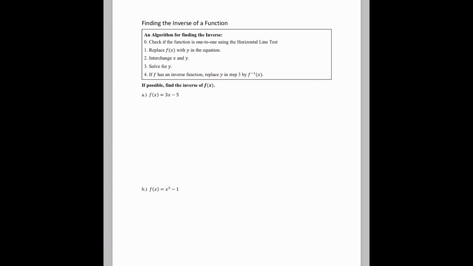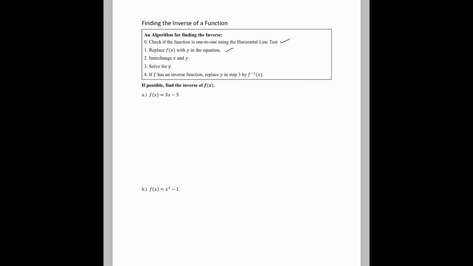Okay, so next page, how do we find inverse functions? Well, essentially the first thing you have to do is check to see if it's 1-to-1. So you have to check to see if it has an actual inverse that is a function. That's step one. After that, you basically replace the f of x with a y, because f of x is typically just y.